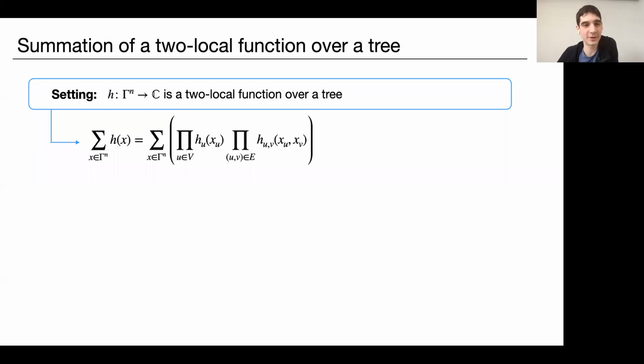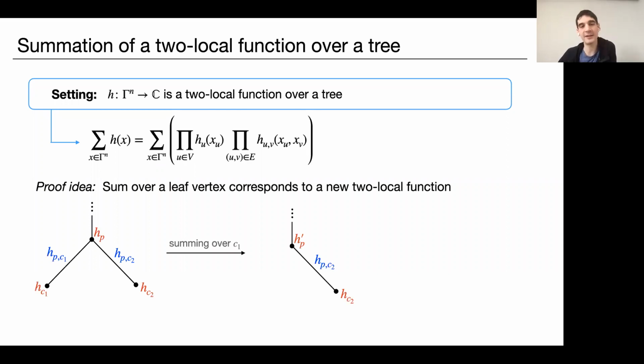And just to recall, this is the exact setting that we're in. We have some two-local function x, and we want to sum over all possible inputs to that function. And the proof is very simple. The proof idea is that you take a leaf vertex and you sum over all of the possible values of the variable at that vertex.